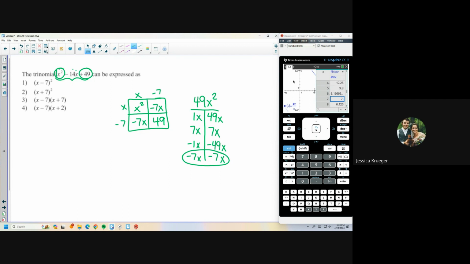So if we're thinking about our factor tree, this would break down into x minus 7 times x minus 7. Neither of those can be broken down again. So this would be my answer. That's how it factors. Now I don't see that as an answer, but I can remember that if you've got two of the same thing multiplied together, that is the same as squaring it.